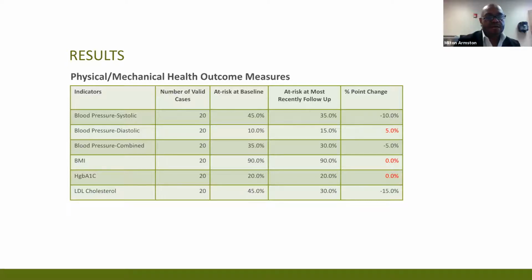So we saw improvement there. We also saw impact on a person's LDL cholesterol, which is that bad cholesterol. So definitely there was impact. We didn't see any change with a person's BMI and then the hemoglobin A1C.